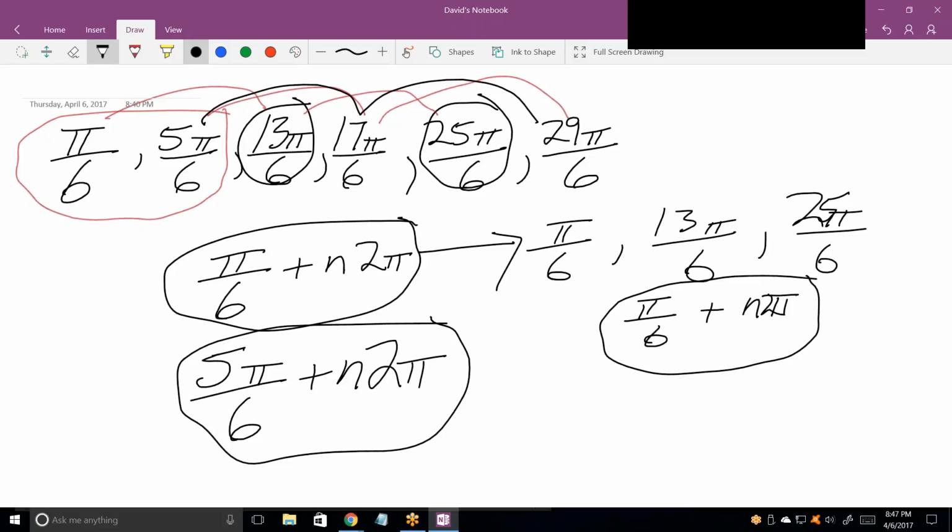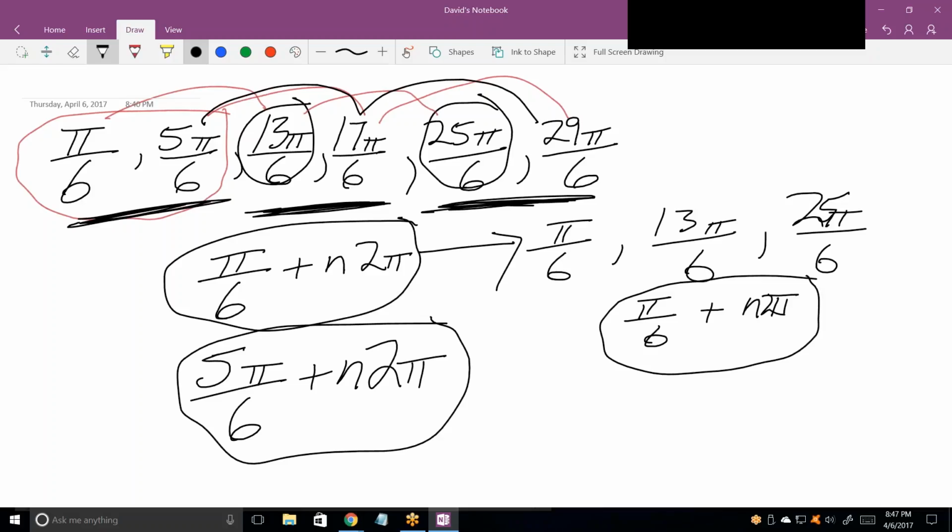And that's the way you have to do these. The easiest way to do them is to figure out at least 2 unit circles. I don't know that I needed a third. I did that just to make it a little clearer.